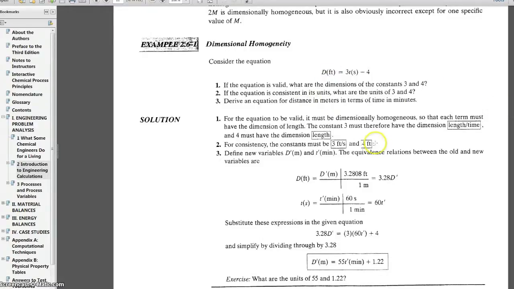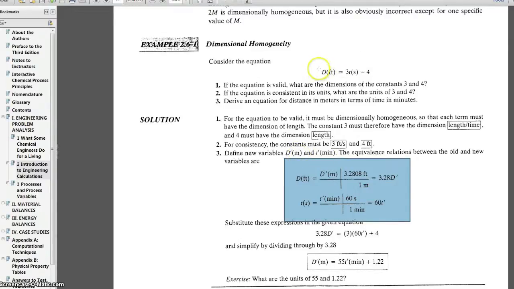So what's the third question? The third question is, derive an equation for distance in meters in terms of time in minutes. So how to do this? Back to the question. Here, we define the new variables d in meters and t in minutes.